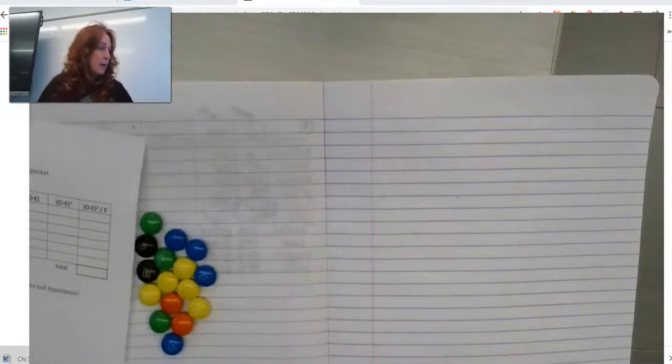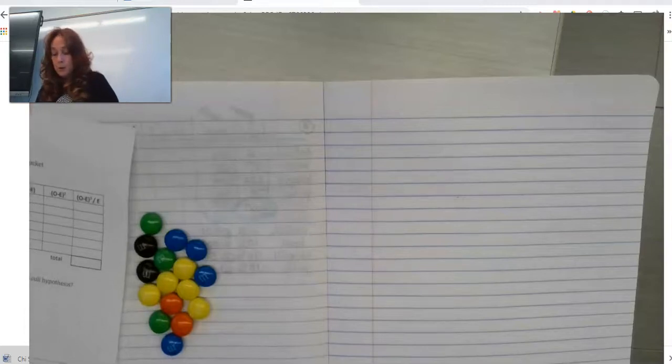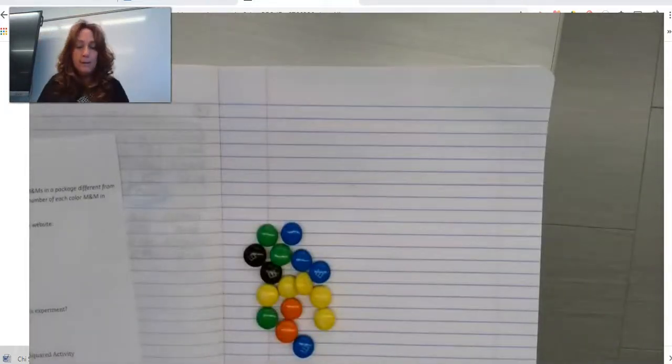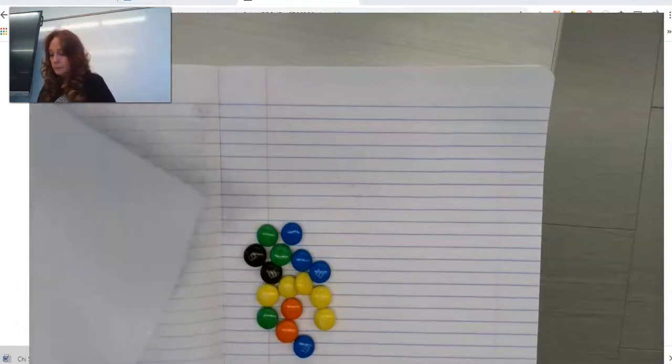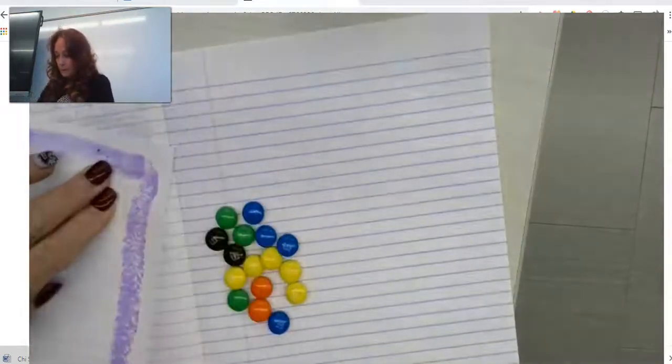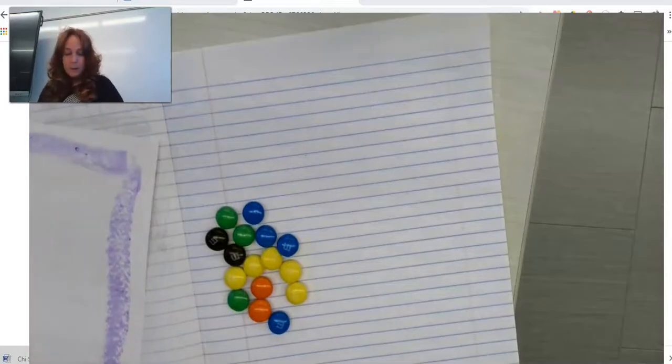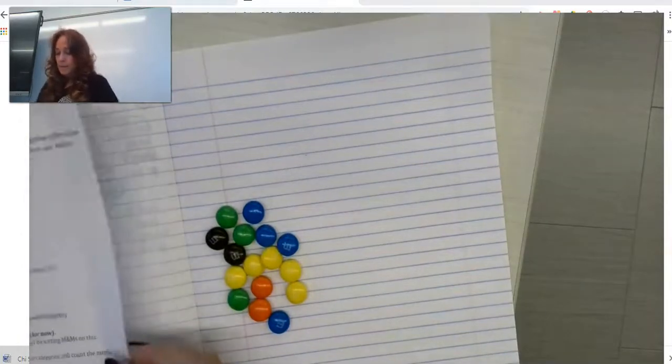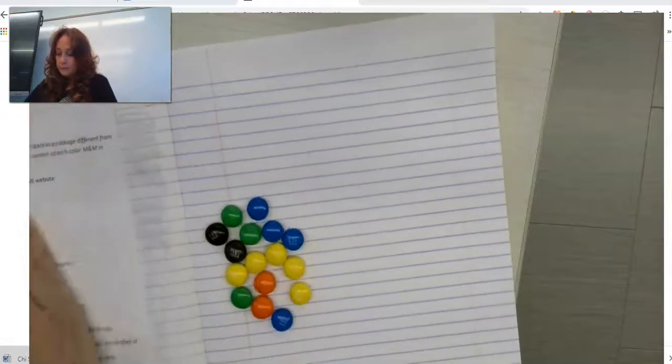So I think I'm going to cut this one and glue it in. So you do want this in your notebook. You've got your own work here.